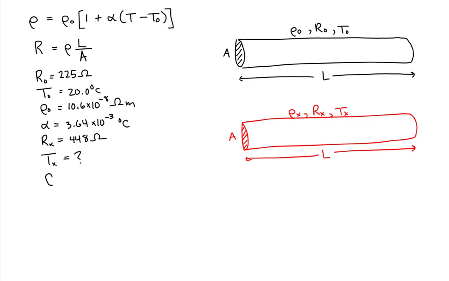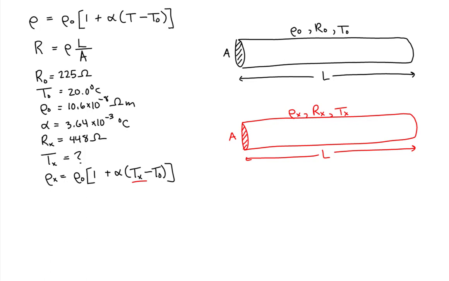And the resistivity of our thermometer, we don't know that yet either, but we do know its form: it's equal to the resistivity at our reference temperature times 1 plus the coefficient of resistivity times the difference between our temperature of the furnace and our reference temperature. We're trying to find the temperature of the furnace.